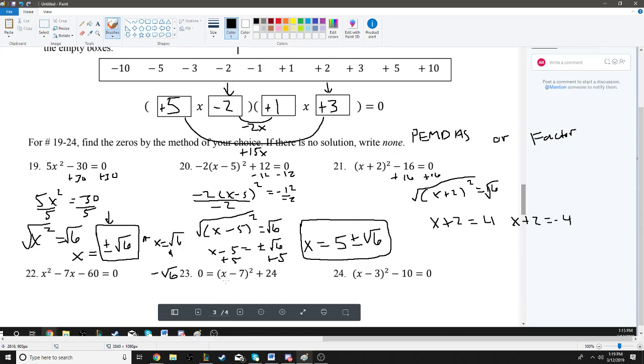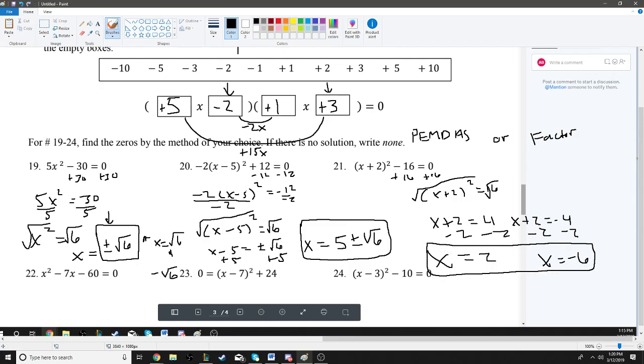You could also write it that way. We just shorten it up a little bit. So you should get 2 answers. We subtract 2 from both sides to get x equals 2. Subtract 2 from both sides to get x equals negative 6. And those are our 2 answers for number 21.